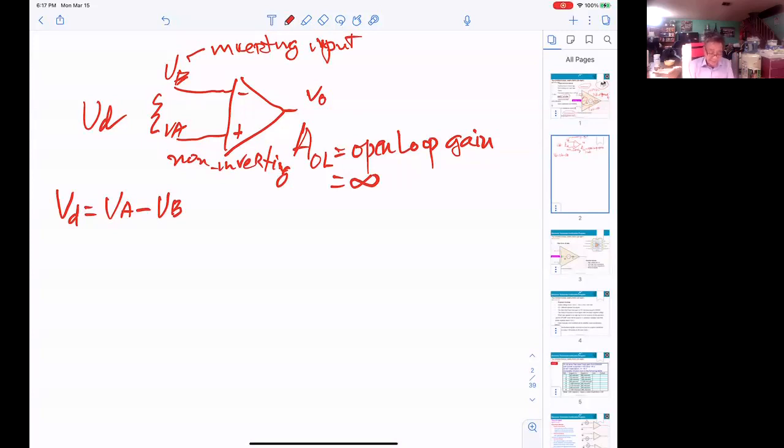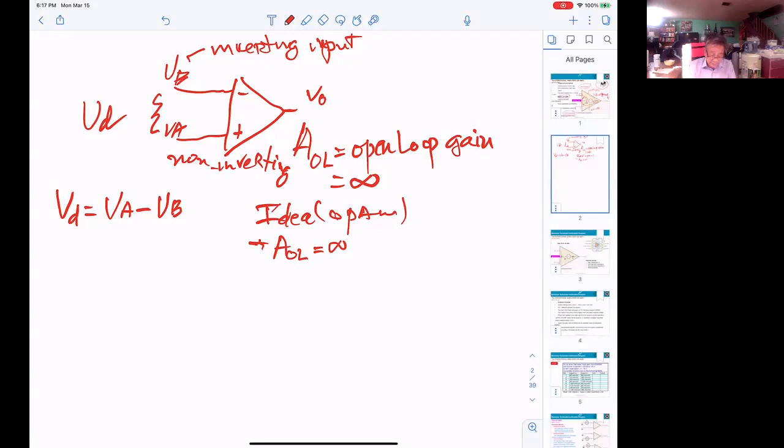And for the ideal op amp, they want the gain AOL equal to infinity.